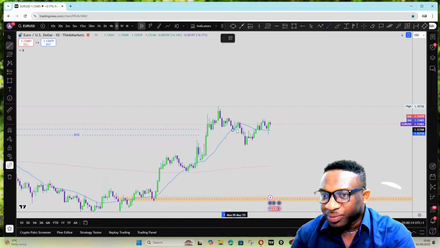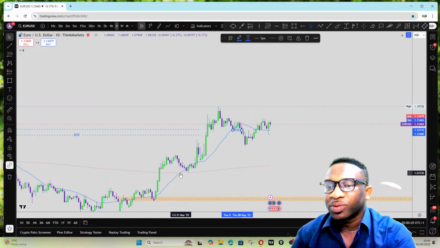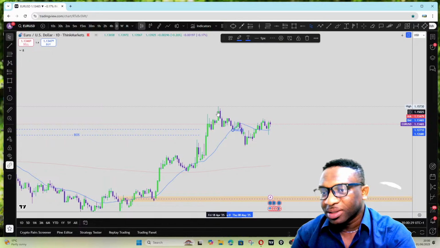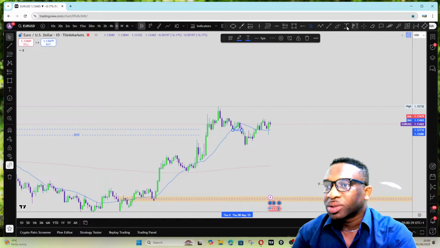There is a break of structure right here, or change of character. It's a change of character because we had a push to the upside where price got into this wide state, so we anticipate it to turn around. It's coming from the wide state back to the narrow state.